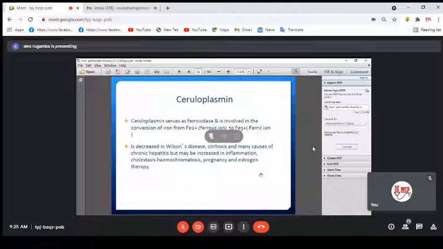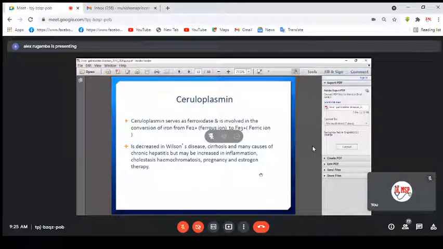Actually, the ferrous ion is dangerous, it's toxic, so it has to be converted to ferric ion. If the liver has a problem, it will not be able to synthesize this enzyme, which converts ferrous ion to ferric ion.